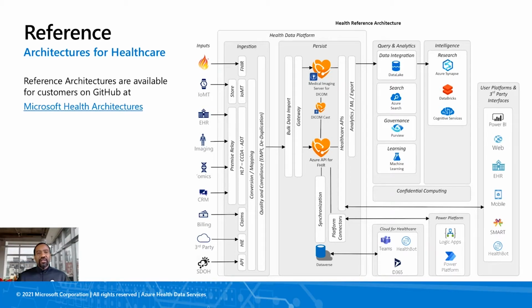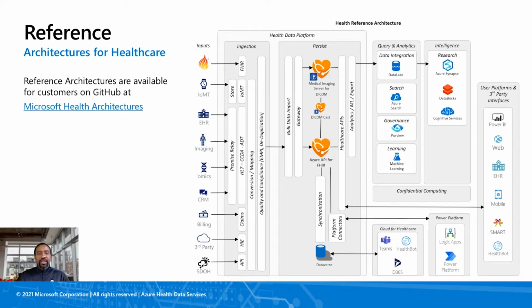With that said, I'd like to just go ahead and jump into our reference architecture here and just kind of walk through that process. Fundamentally, the reference architectures were created to provide our partners and our customers blueprints that show how you can connect the various components that make up Microsoft's healthcare services and bring them together in order to support your specific business requirements and needs.